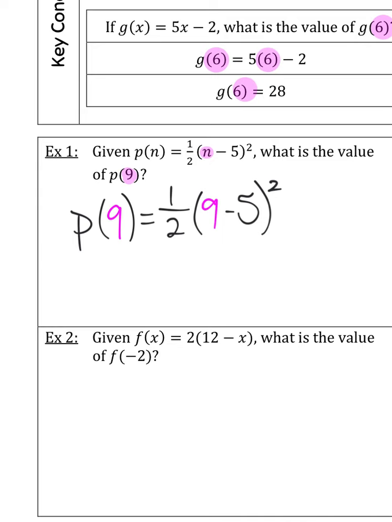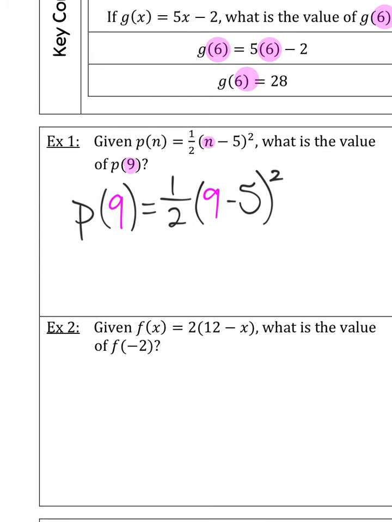In Desmos, you don't put p of 9, you're just going to put y equals, but I'm going to write it as it should be, p of 9. I'm going to type in 1/2 times 9 minus 5 raised to the second power, and that is going to evaluate out to being equal to 8.